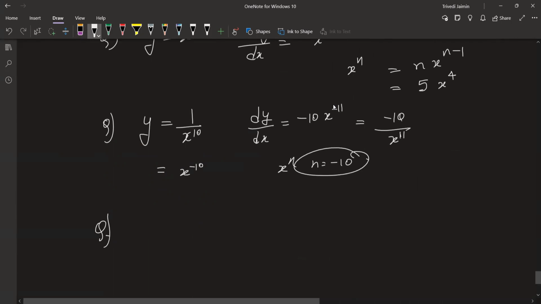Okay, this is an open question. Anyone can answer. Under root x. Then if everyone got the answer, this differentiation will go to integration. Then we'll see.